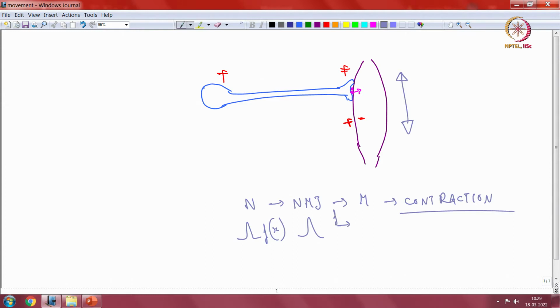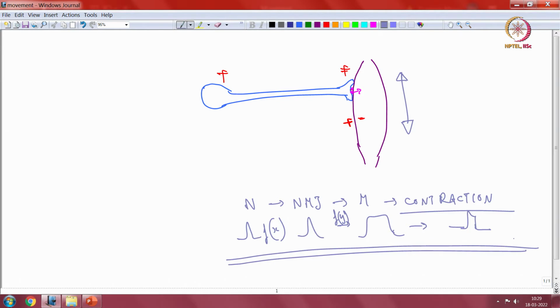There is also another transformation, and then you get a muscle action potential. That in turn causes the contraction. So, what is seen here is a very linear process. One neuron produces a signal that produces a muscle contraction, and it is a very linear transformation.